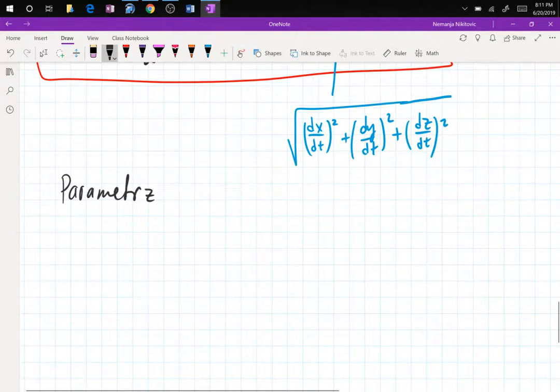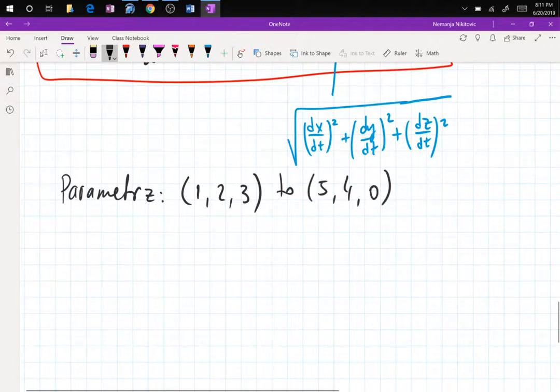This is actually your problem 5. They're just asking you to parametrize. This is the first step. Once you have your r, you can get r prime and calculate the integral, no issues. It's just the parametrization could be tricky.